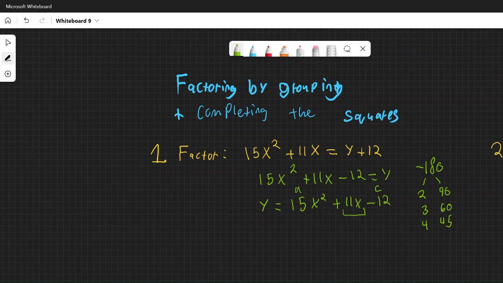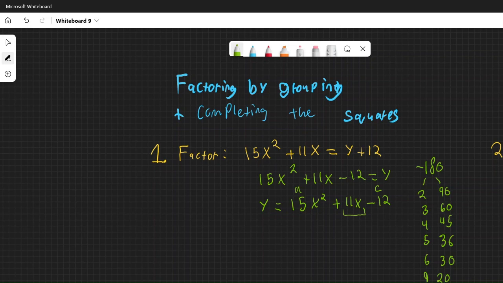Now we have 180 divided by 5, 180 divided by 6, 180 divided by 7 doesn't divide evenly, 180 divided by 8 doesn't work either. 180 divided by 9, we have 9 and 20. 180 divided by 10 would be 10 and 18, and you keep going.